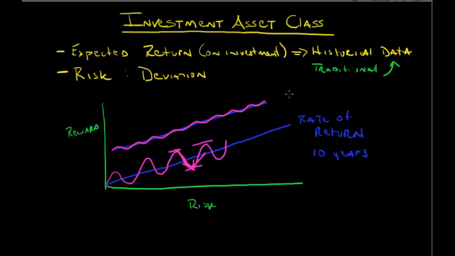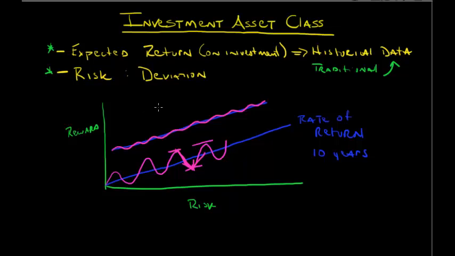When you get to the more obscure, possibly alternative investments, the data can become more sparse. Well, that data, the historical data for each investment, is what's going to help us determine expected return and what kind of risk you're going to have to take in order to get there.